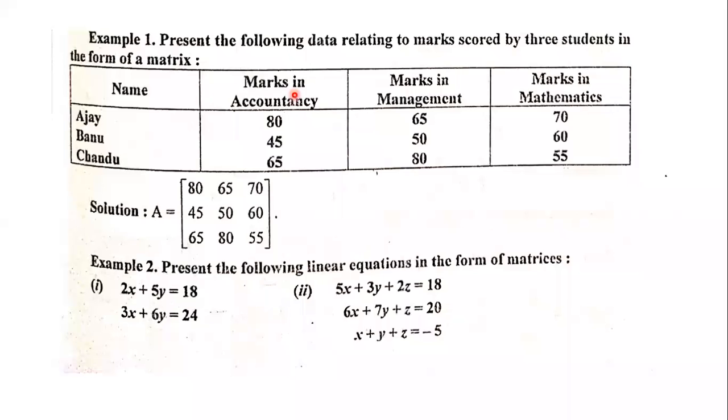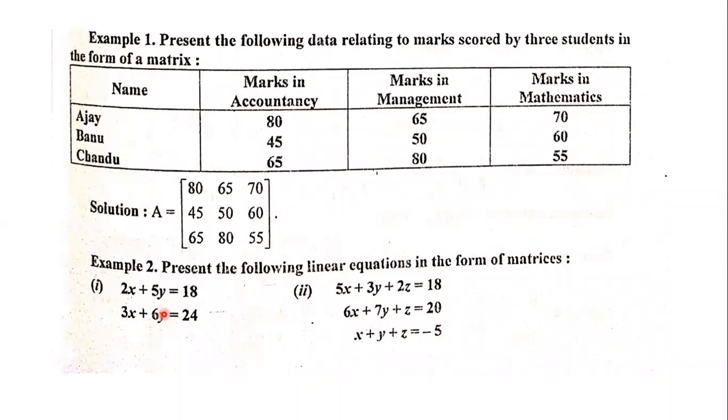Okay. Now let us go to the next problem. The next problem is to present the following linear equations in the form of matrices. Now here, how do we represent these numbers in the form of a matrix? Now see the equations. You have 2x plus 5y is equal to 18, and then 3x plus 4y is equal to 24. So that is the first part.